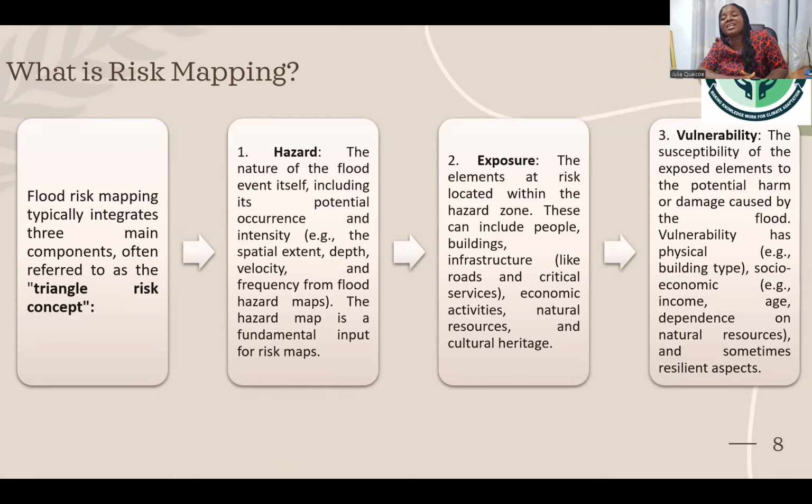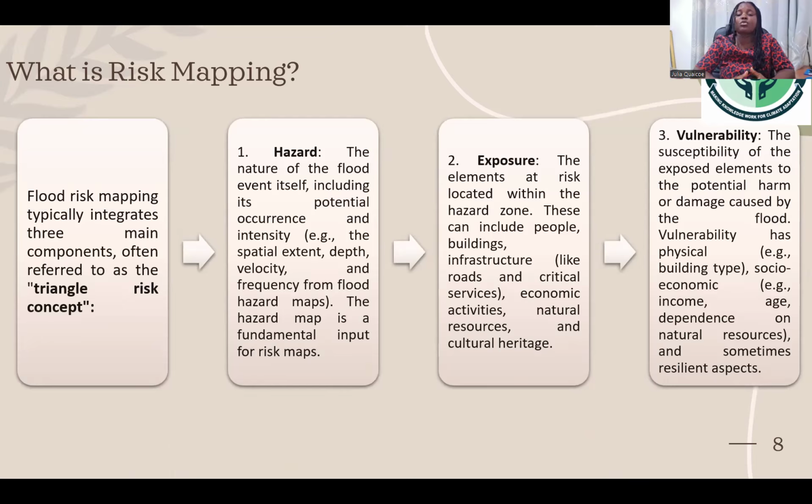Then we can also look at the velocity. The velocity is talking about the speed of flow, how quickly the flood came or how quickly the flood waters flowed. Some of the water can be sluggish, others can be very fast. And so the velocity can also give us an idea of the intensity.